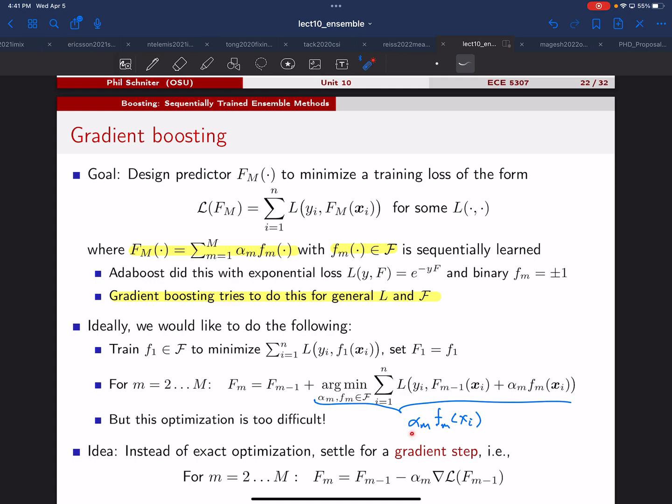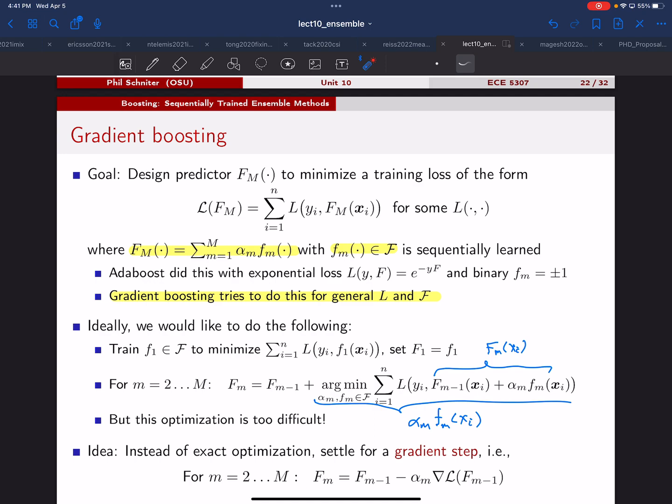In particular, we want the product alpha_m times little f_m, when added to the previous, which gives us our current F_m, to be such that our current capital F_m minimizes our loss. Even though we're designing this kind of update, we want the boosted predictor at this stage to be optimal in terms of minimizing our loss. We do that by selecting alpha_m and f_m, and once we have selected them, this just shows how we add them to our previous boosted predictor to get our current boosted predictor.